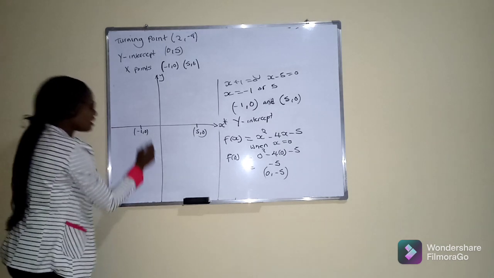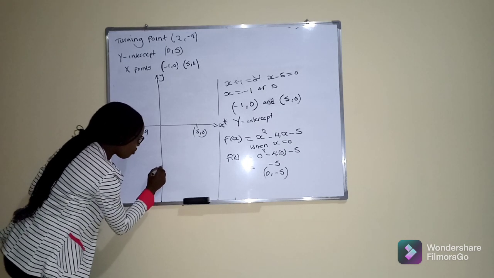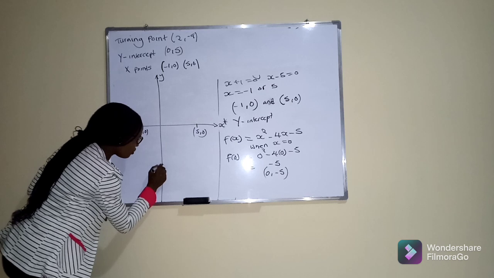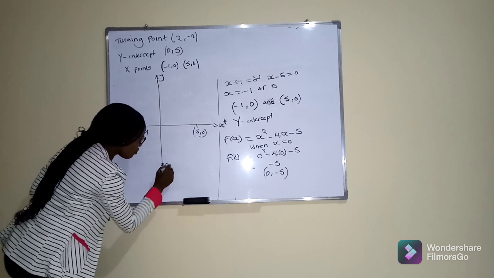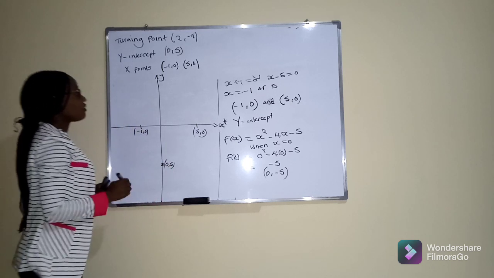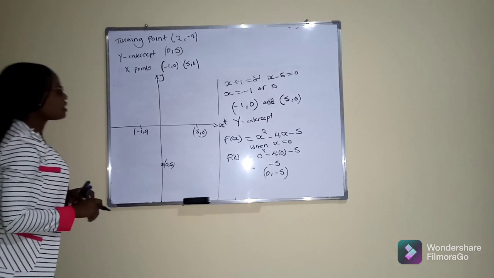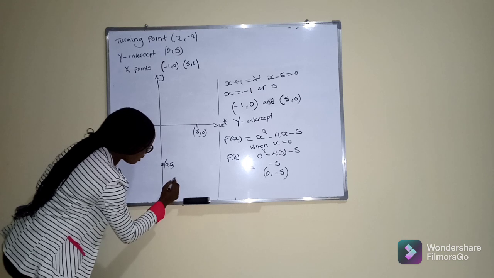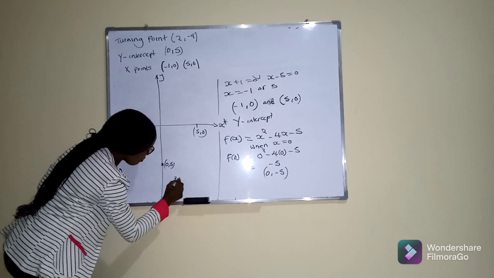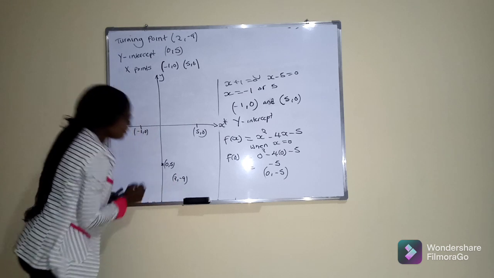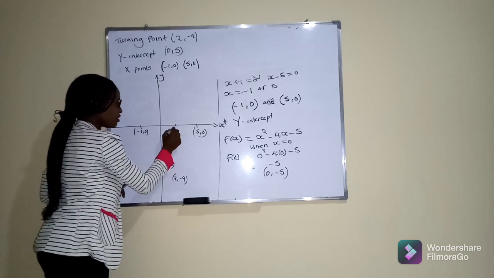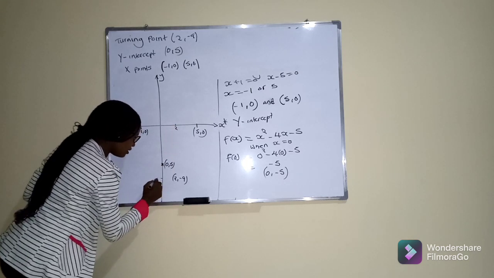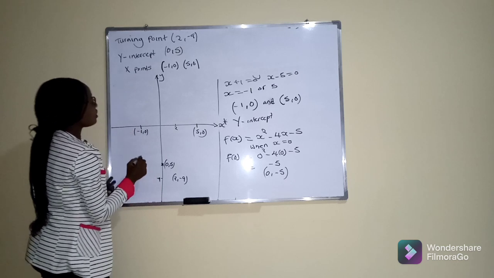Then the y-intercept we have 0, 5, which is somewhere here. And we have the turning point, which is 2, negative 9. So this is our 2, then this is negative 9.